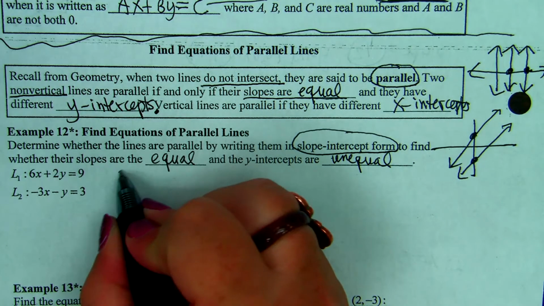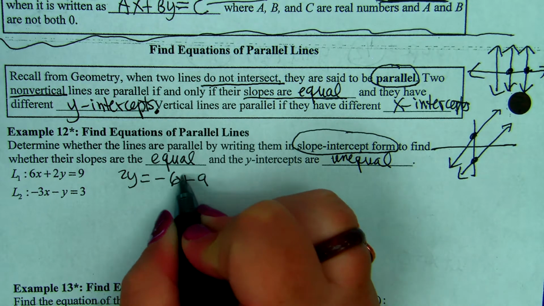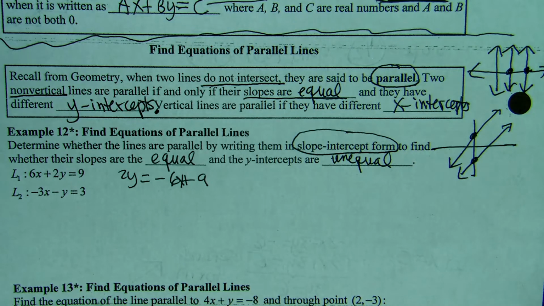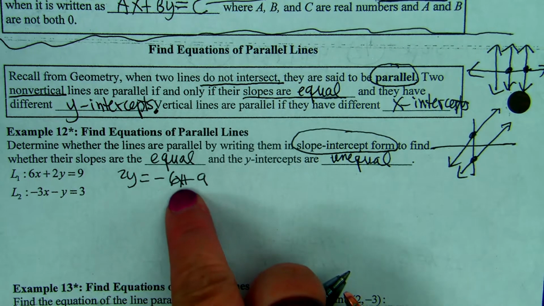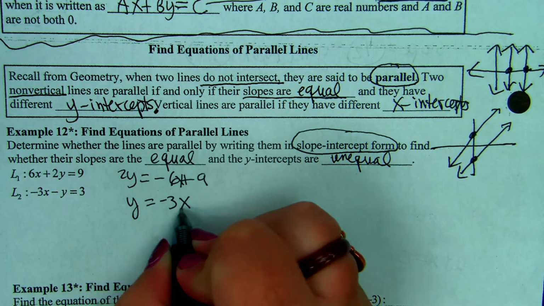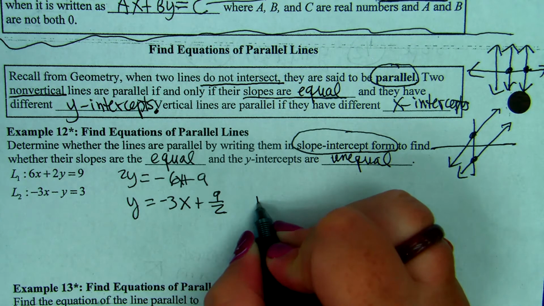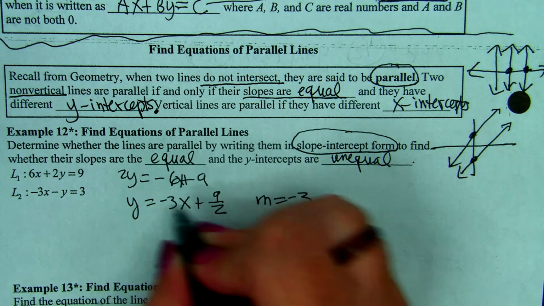So this is 2y equals negative 6x plus 9. I subtracted 6x, and then divide by 2. y equals negative 3x plus 9 halves. So the slope is negative 3.